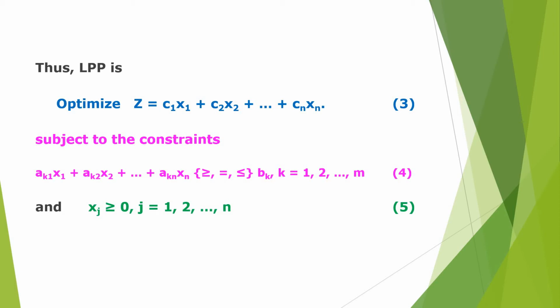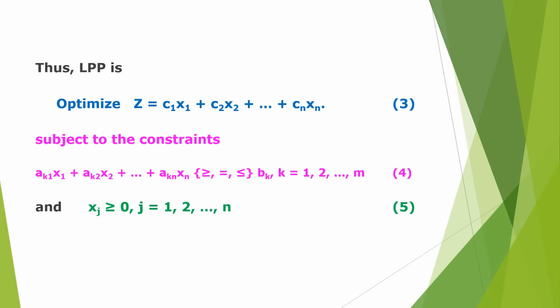Optimize z equal to c1x1 plus c2x2 up to cnxn, subject to the constraints ak1x1 plus ak2x2 up to aknxn greater than or equal to bk, or equal to bk, or less than or equal to bk.